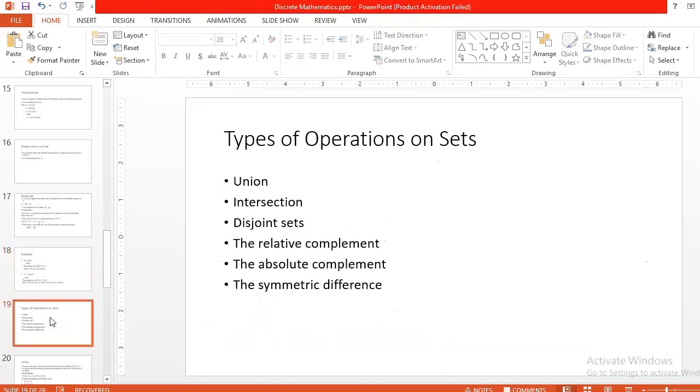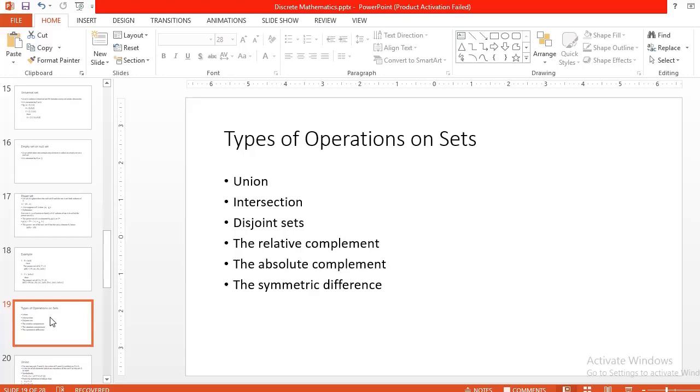Then now our next point is the types of operations on sets. In the previous PPTs you have seen what is meant by a set, how you can define sets, and what the different types of sets are: null set, power set, and all those concepts related to sets.